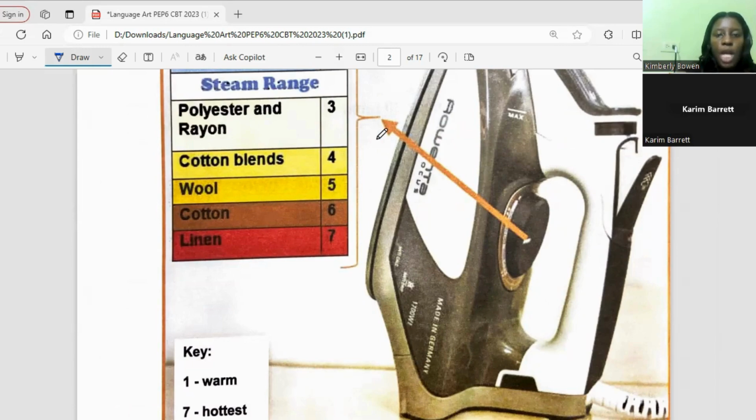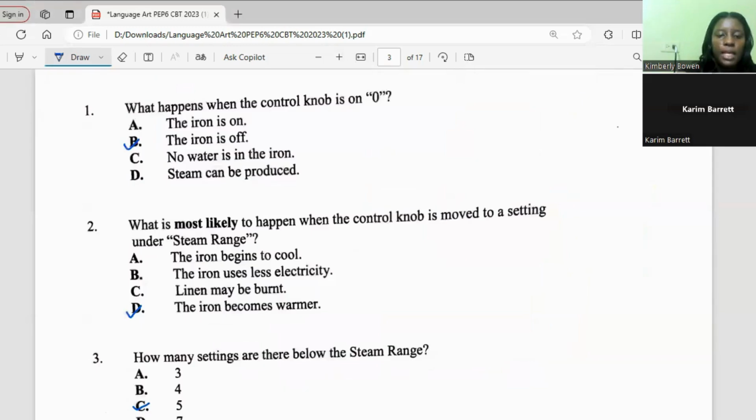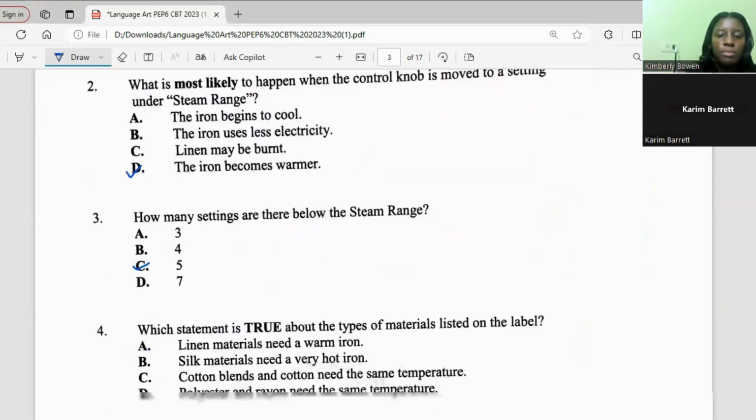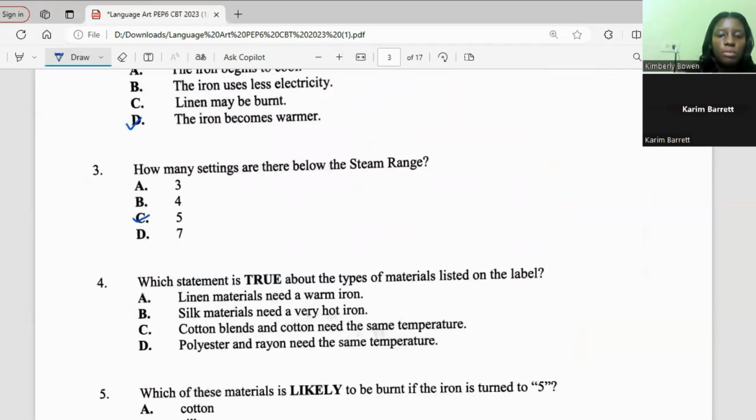All right, so we know that cotton blends need 4 and cottons need 6, so that's not the same, right? And I'm looking here and I think I've already found the answer. Polyester and rayon need the same temperature. Are you seeing that, Karim? So the correct answer is D. Yes, miss.